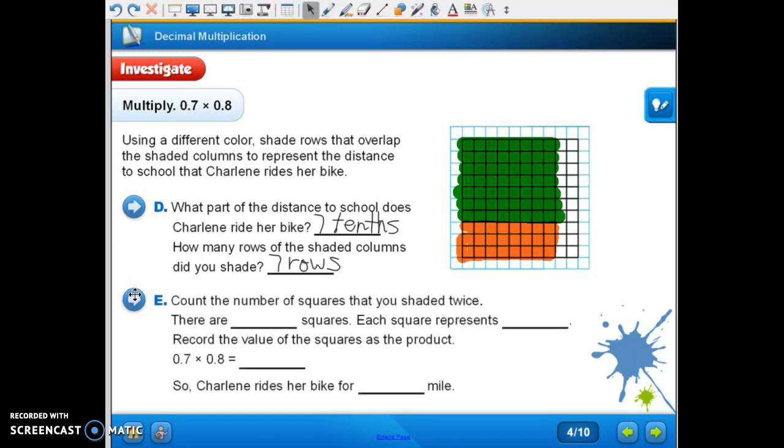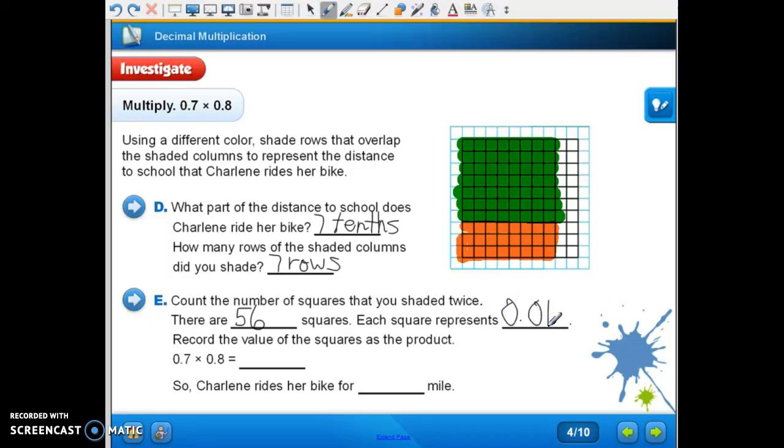Count the number of squares that you shaded twice. There are how many squares? If we're 8 by 7, what is 8 times 7? 56. So there are 56 squares. Each square represents 1/100th, very good, of the mile.